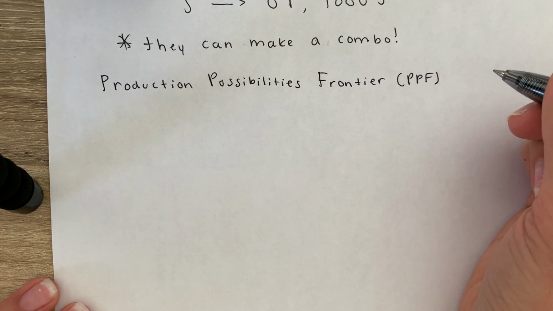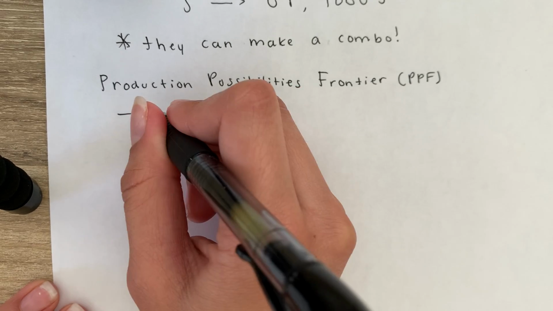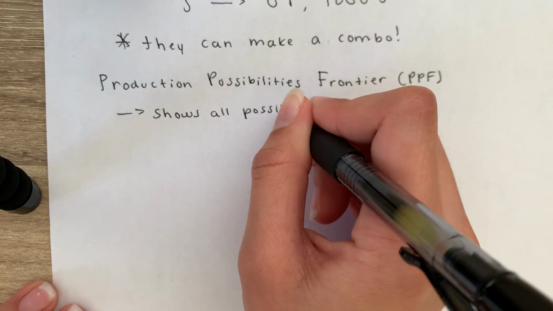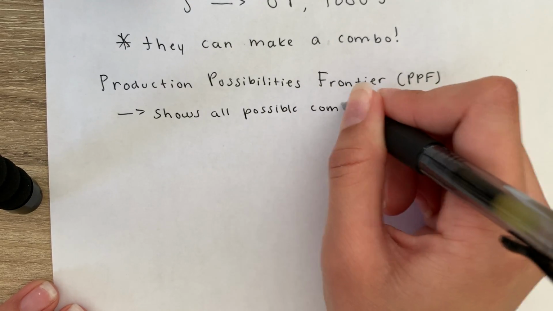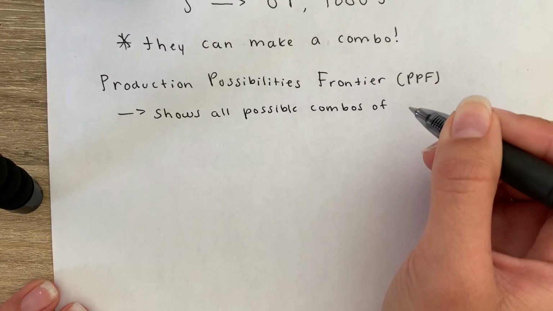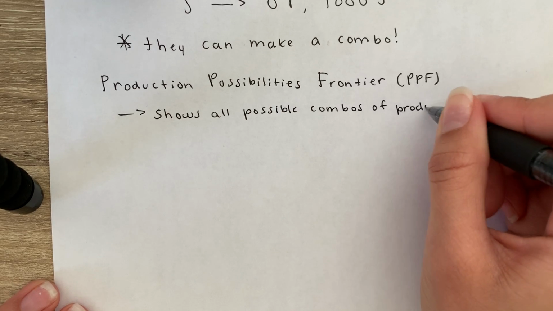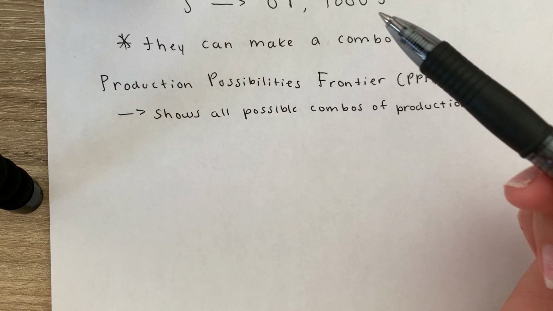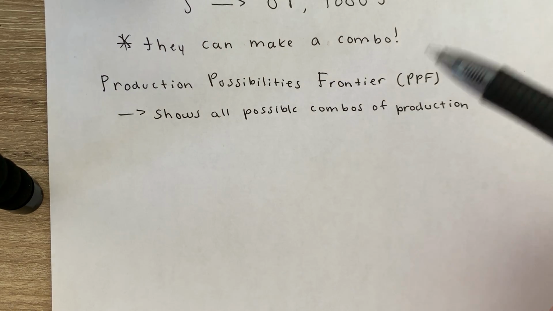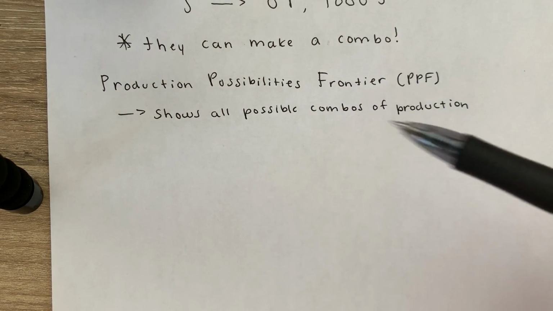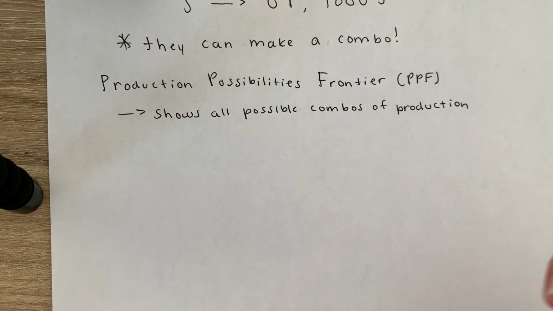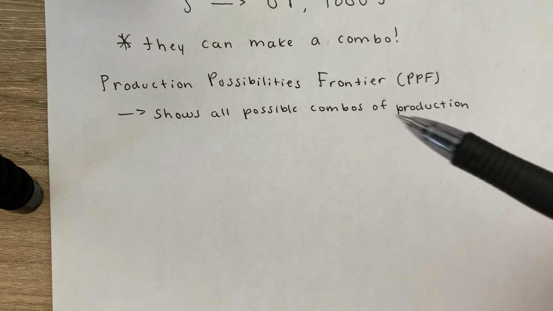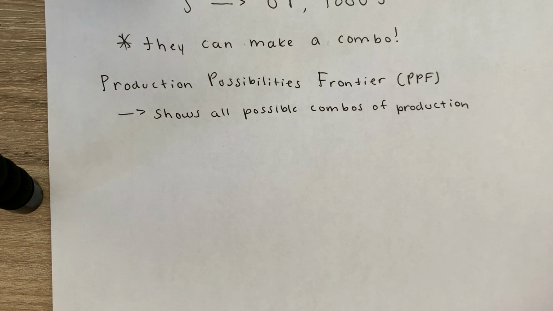So basically this is just an illustration, so it shows all possible combos of production, right? So with the amount of resources that Dunder Mifflin has, what combination of whatever they're producing can they actually produce? So it just shows us all possible combinations of production.